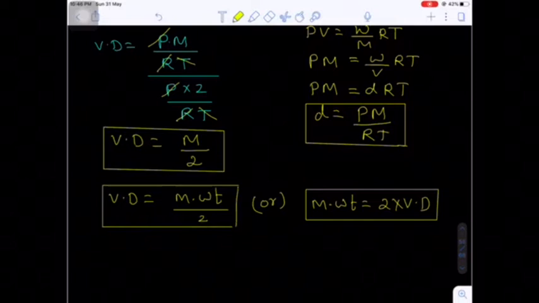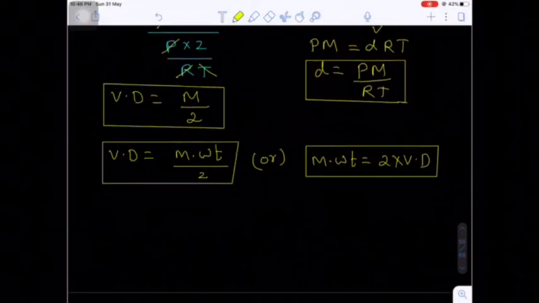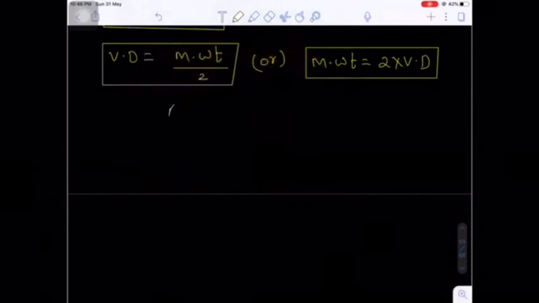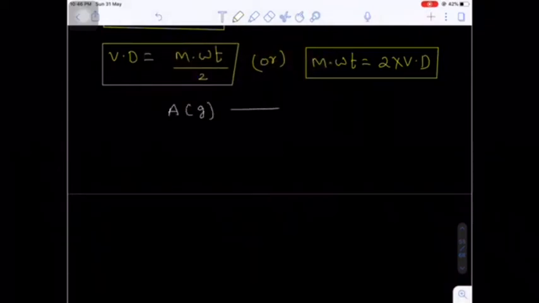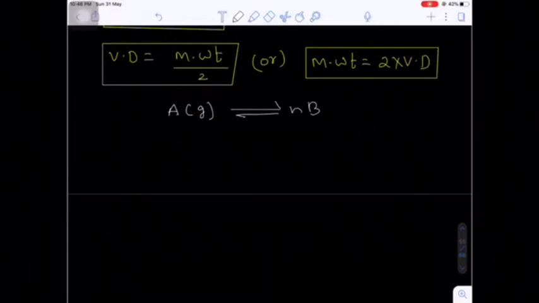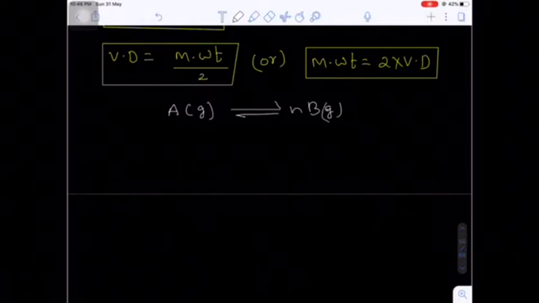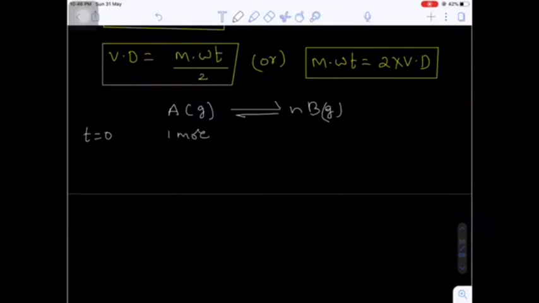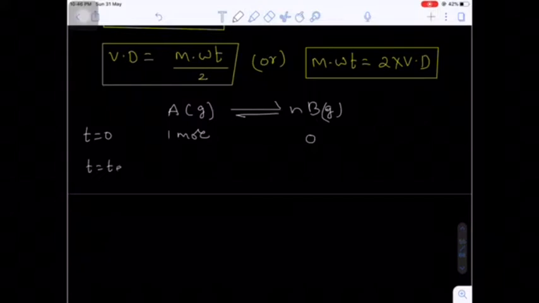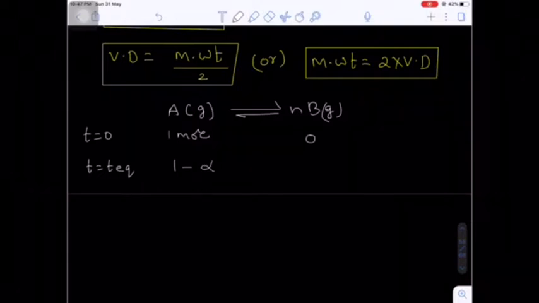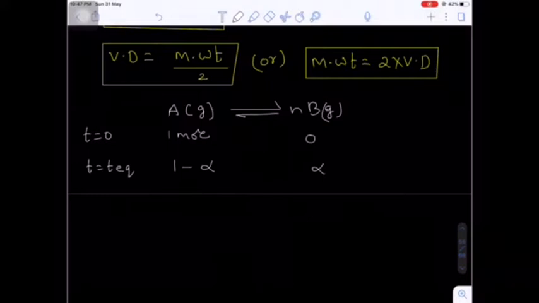Now come to a general equilibrium. I am taking A decomposes to give n moles of B. Let's suppose I am taking 1 mole of reactant, and the number of moles of product initially is 0. At the time when the system attains equilibrium, let's suppose alpha moles are dissociated, so the remaining moles become 1 minus alpha, and the moles of B formed will be alpha times n.